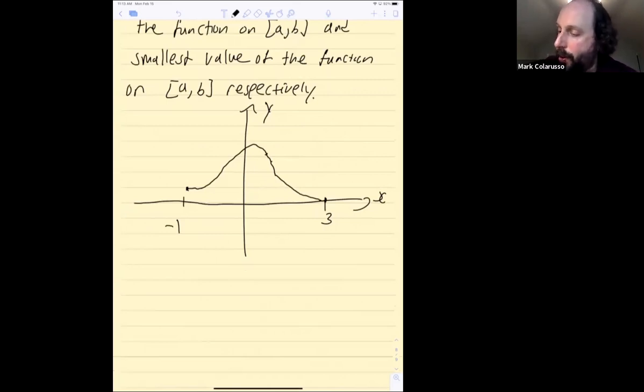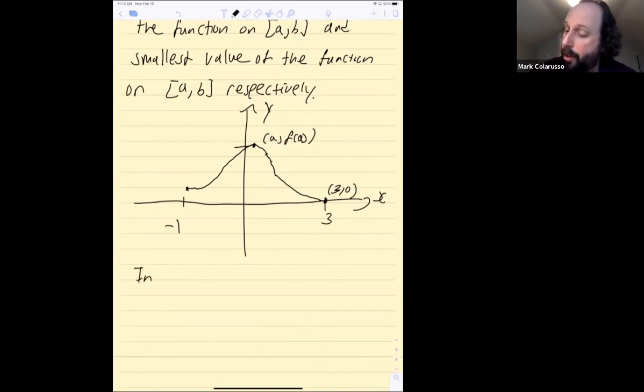In this case, the absolute maximum value of the function happens to be at a relative maximum, right? But the minimum value here is not at a relative extremum. It's at the endpoint of the interval, right?